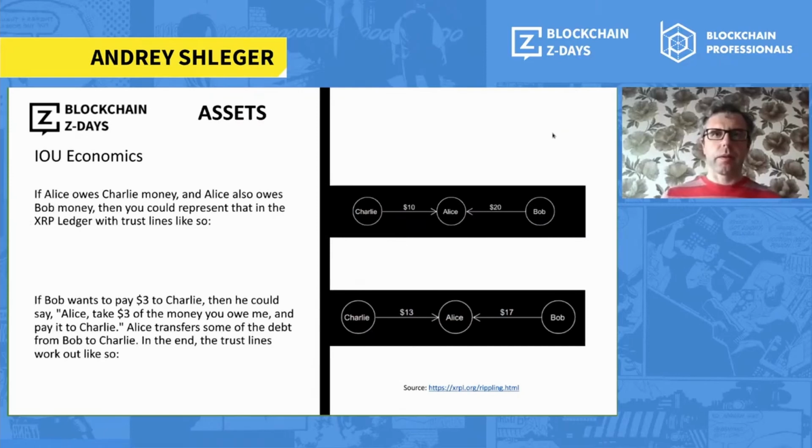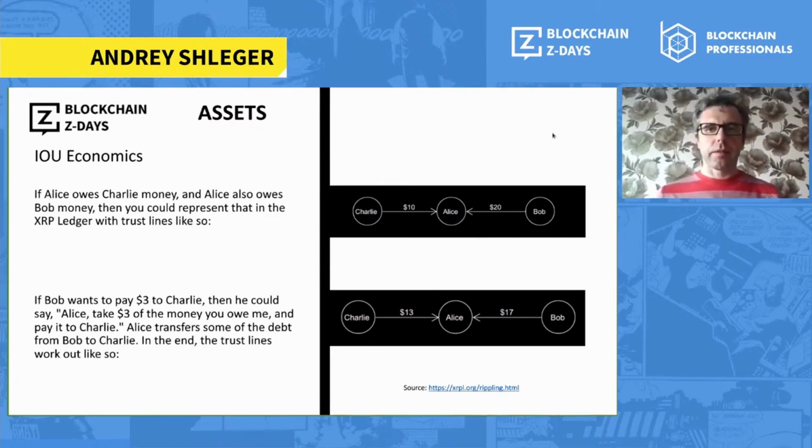So the idea is this: for example, I'm Bob, and I want to send money to Alice, and Charlie also owes money to Alice. In this example, Alice gets $30.